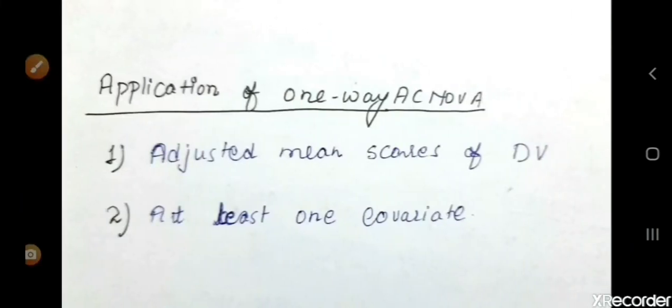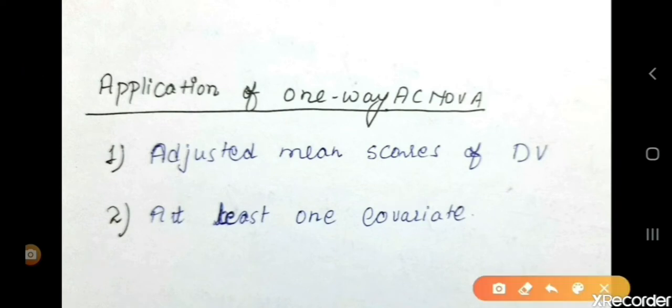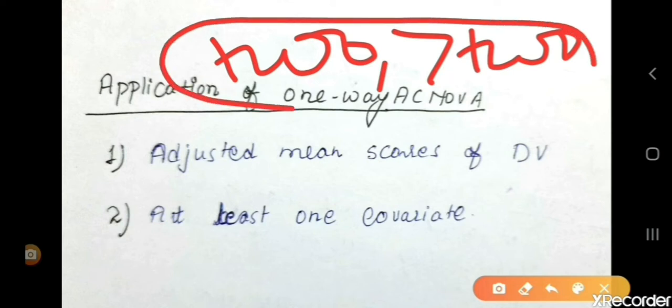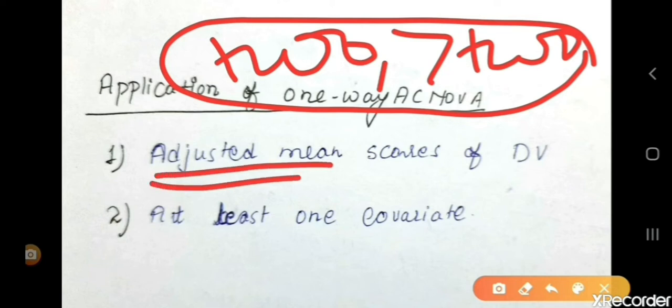Next, where can we apply this one way ANCOVA? One way ANCOVA can be used where two or more levels of a group are there, and we are interested in the adjusted mean of these groups of the dependent variable.